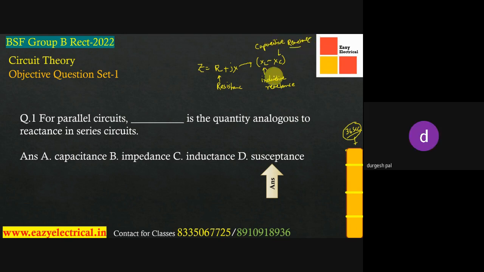Now, what the question is asking is, what is analogous to reactance in a series circuit, what do we call it in a parallel circuit? Basically, in the series circuit we call it impedance Z. In a parallel circuit we call it Y, that is 1 by Z, which is nothing but our admittance.